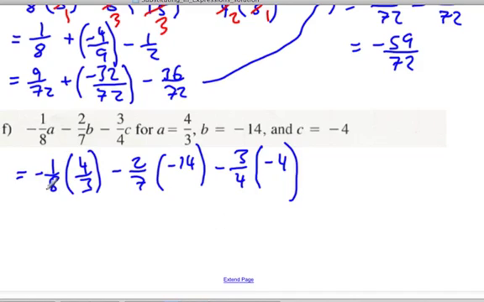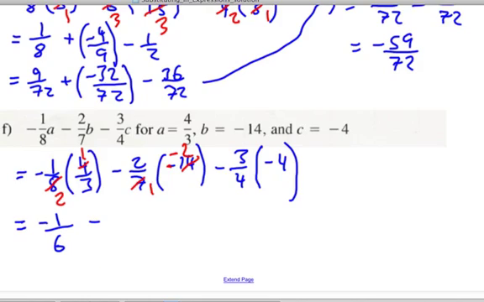So we're going to simplify. 4 goes into itself once, and 8 two times. So this is negative 1 times 1 is negative 1 over 2 times 3 is 6 minus, and 7 goes into itself once and into negative 14 negative 2 times. So this will be times negative 2.